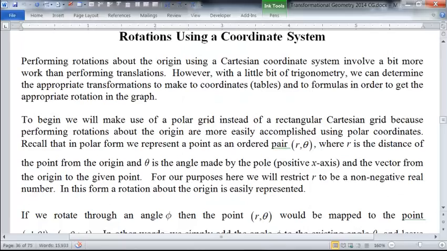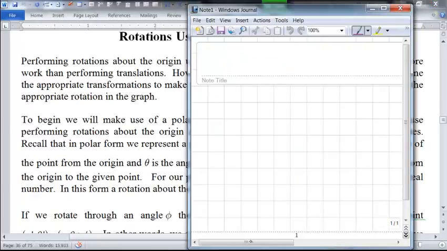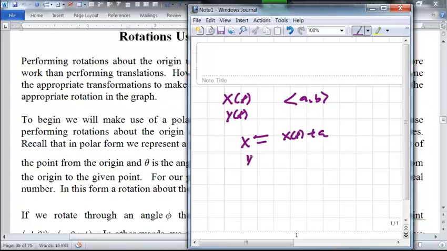Okay, so for example, when we had x as a function of t and y as a function of t, if we wanted to translate by the vector, say (a, b), then our new x is just our old x of t plus a, and our new y is our old y of t plus b.